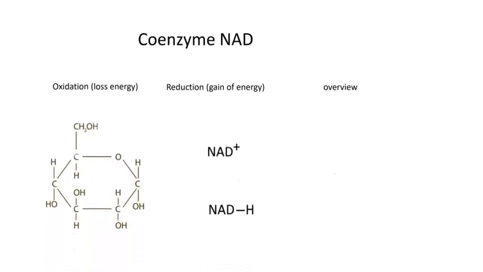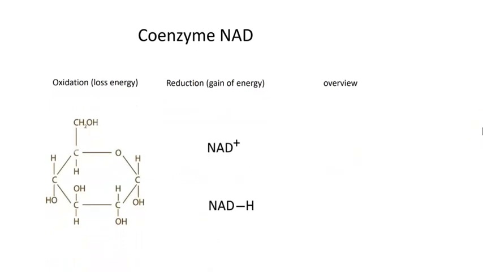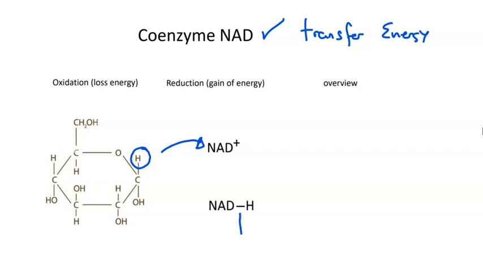One of the new concepts in energy transfer will be the discussions that take place about coenzyme NAD, and this should be thought of as a way of transferring energy from one place to another and from one form to another. In this particular case, hydrogens may be broken off the original molecule or one of the intermediate molecules, and they are transferred to the NAD molecule. So this picks up the hydrogen to form this bond here.